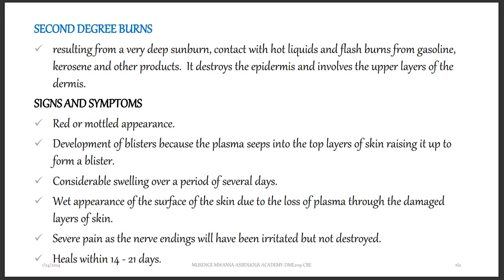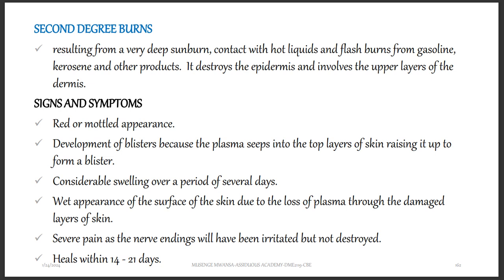What are the signs and symptoms that someone has got second degree burn? You are going to see red or mottled appearance, development of blisters because the plasma seeps into the top layer of the skin, raising it up to form a blister. So second degree, you are going to see blisters. Considerable swelling over a period of several days.